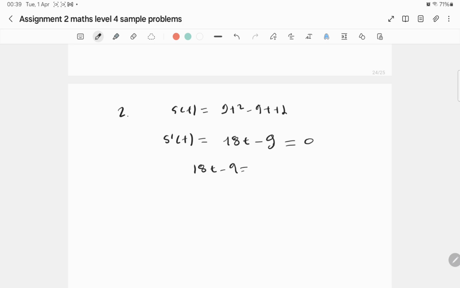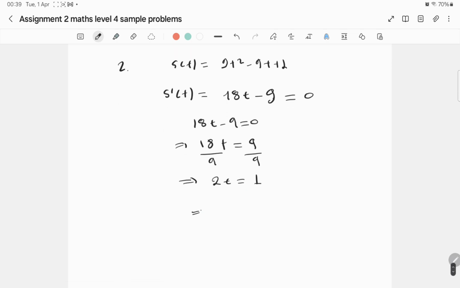18t minus 9 is equal to 0, 18t is equal to 9, I divide both sides by 9, so I have 2t equals 1, and from here I have t equals a half.